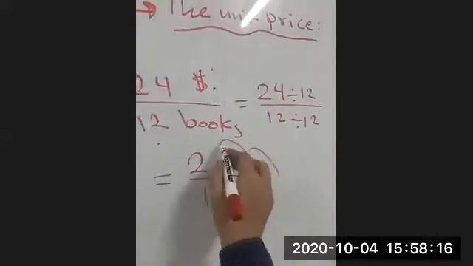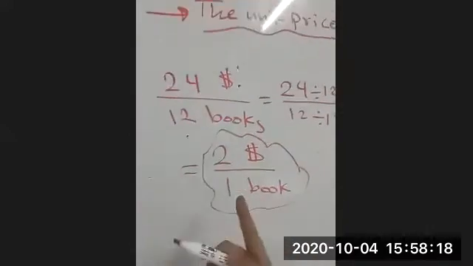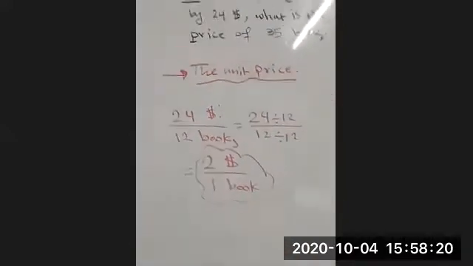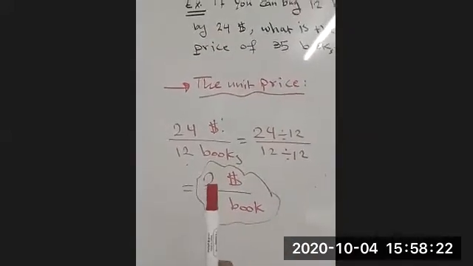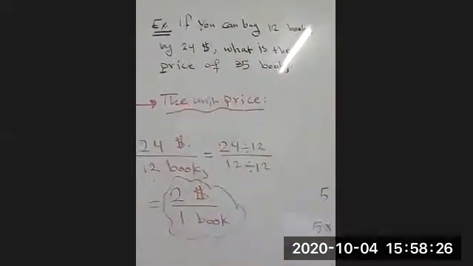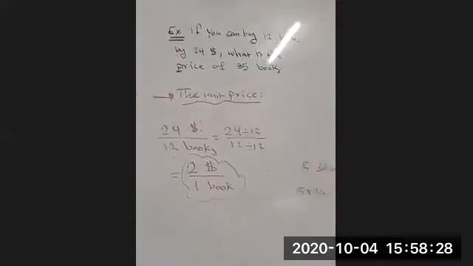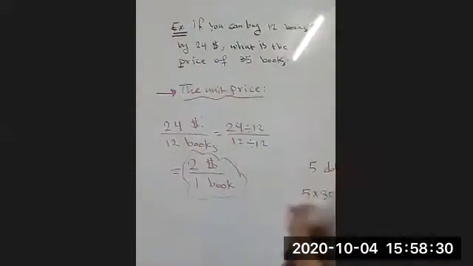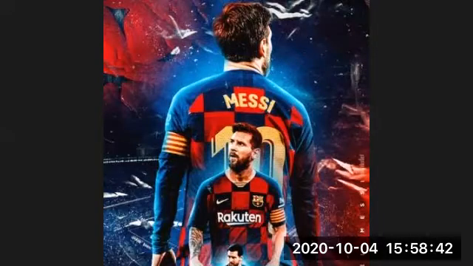So now I know the price of one book. If the price of one book is $2, what is the price of 35 books? Who can tell me, guys? What will we do to find the price of 35 books? Tamer, Yusuf. Yes, mister.